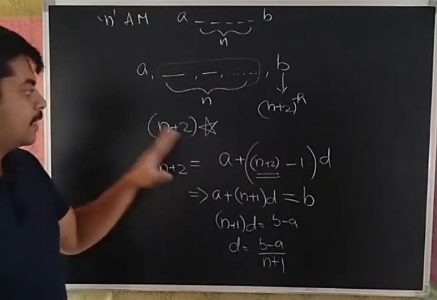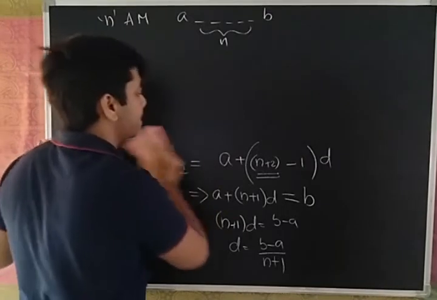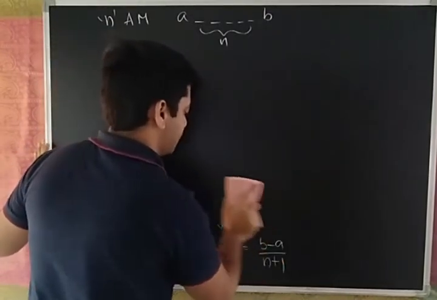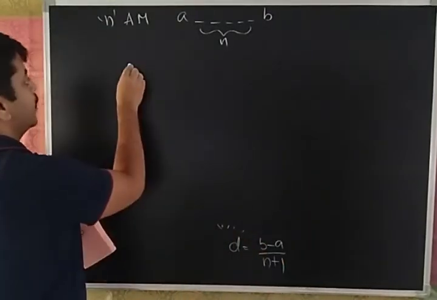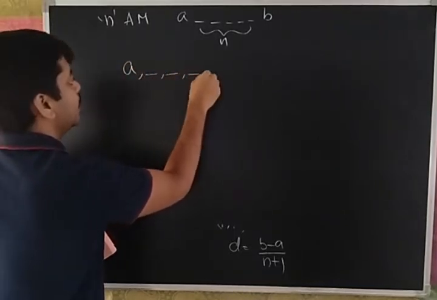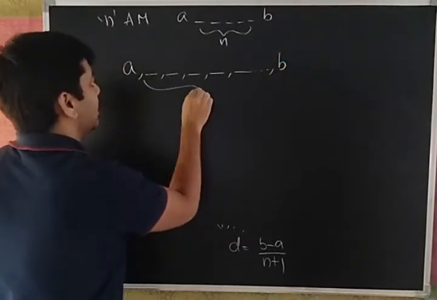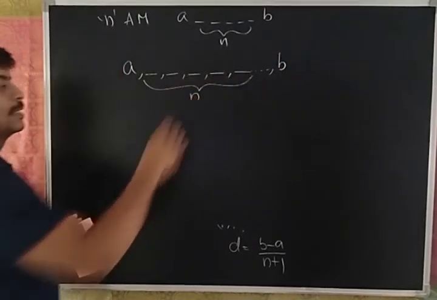I will erase this one and I will tell you once again what we have done till now. We are finding an arithmetic progression where we have A, then n arithmetic means, and then the number B. There are total n arithmetic means and the total number of elements is n plus 2.